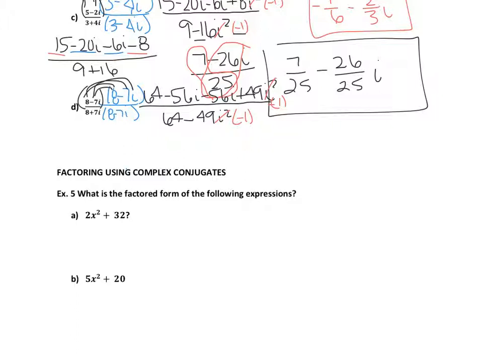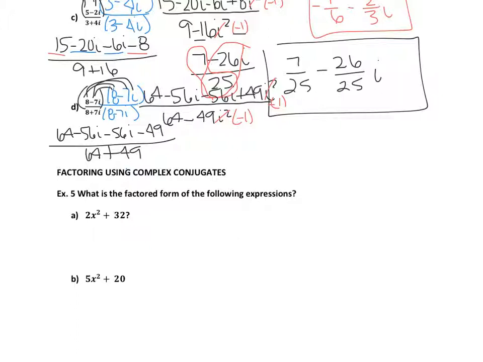So I've got 64 minus 56i minus 56i minus 49 all over, that's going to be 64 plus 49. So if you notice, changing the i squares to negative 1 is really just changing the sign on that number. So I'm going to combine like terms.